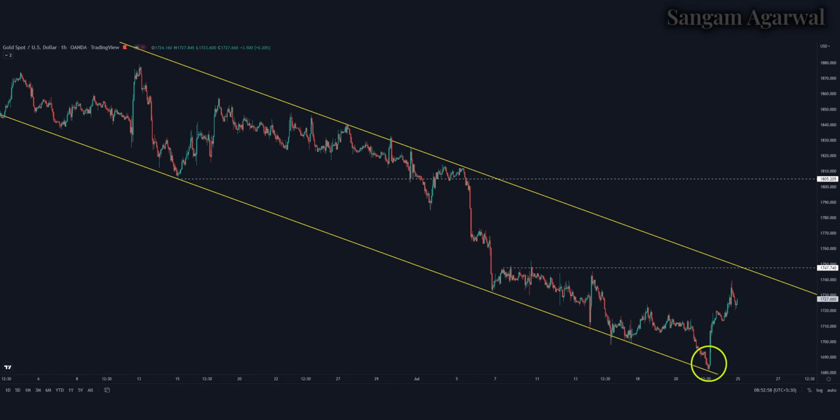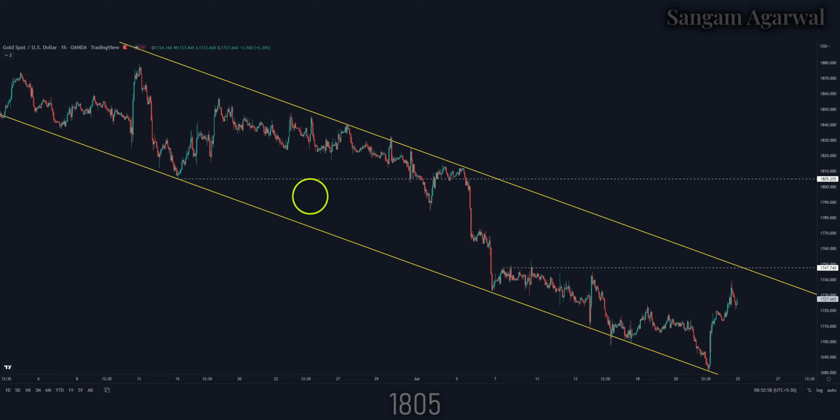Last week was only the retest of this lower trend line, and the next target is the upper trend line of this channel and this static resistance 1747. This is our first resistance.